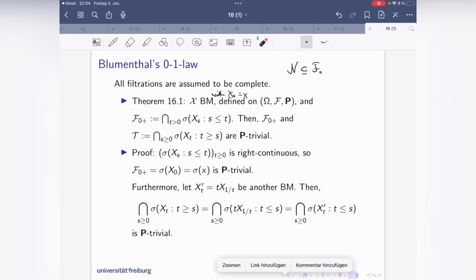So xt, t bigger than s, that's the tail sigma algebra we want to have. Well, that's this tail sigma algebra. Maybe I should use a prime here, because xt prime is exactly this thing here. But the sigma algebra doesn't care about the constant t here, but it cares about the 1 over t, because if t is less than or equal to s, then 1 over t is bigger than s.